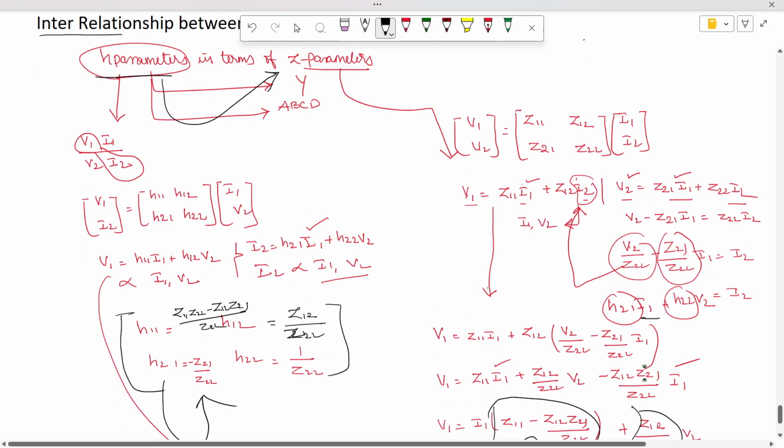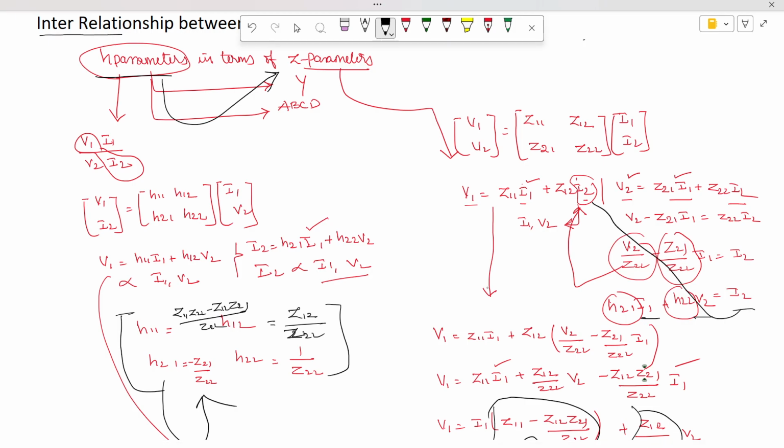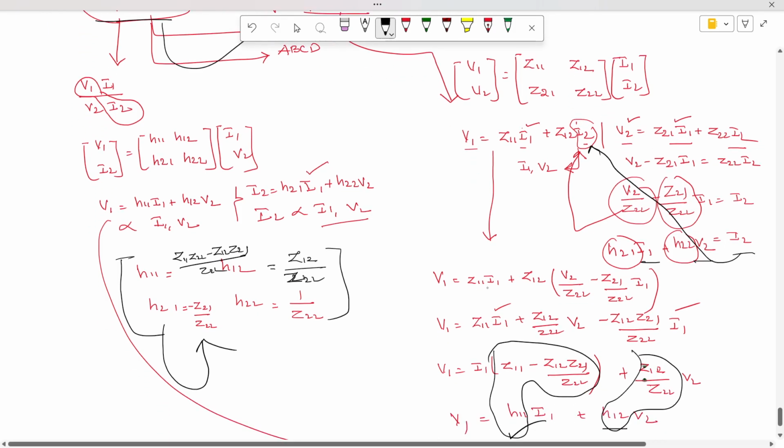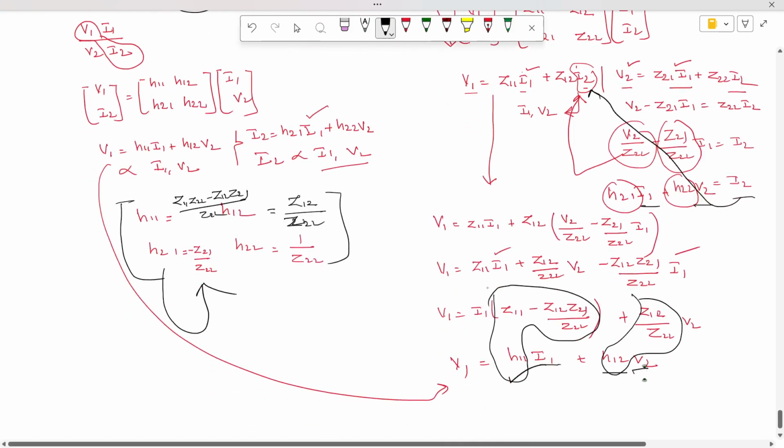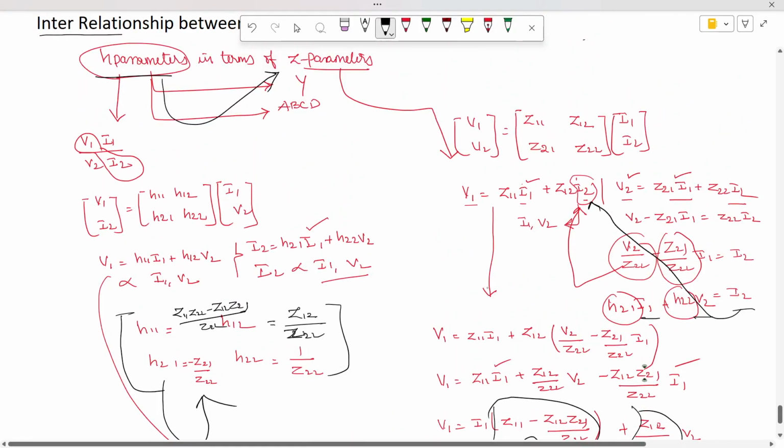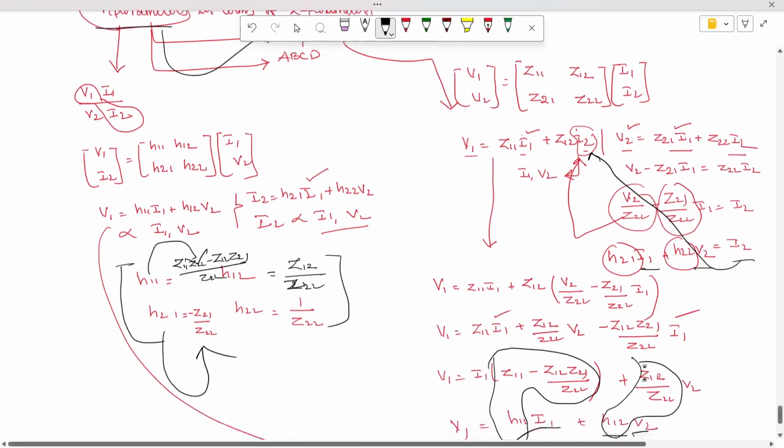In terms of I1 and V2, we have to express the I2 expression. So substitute this I2 expression in this expression in such a way that V1 consists of only I1 terms and V2 terms. Compare both with the basic equations. Automatically, you can transform H parameters in terms of Z parameters, called the interrelationship between H and Z parameters.